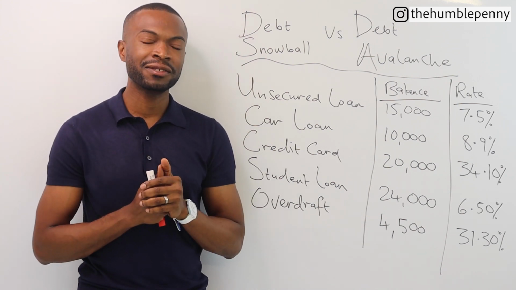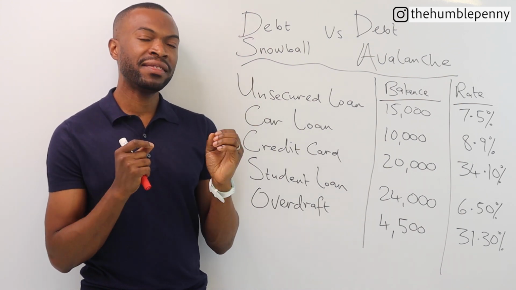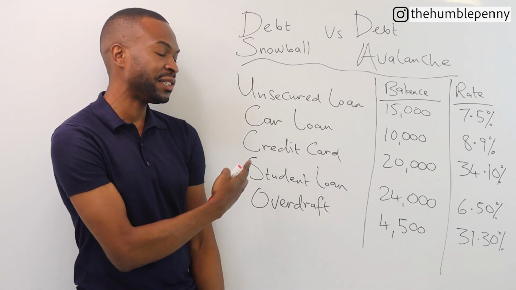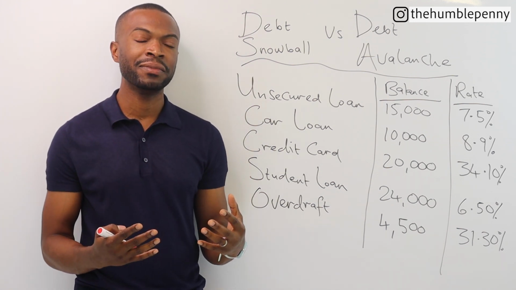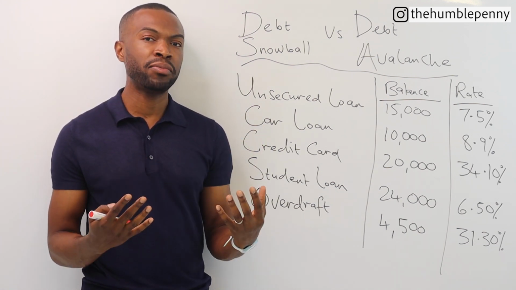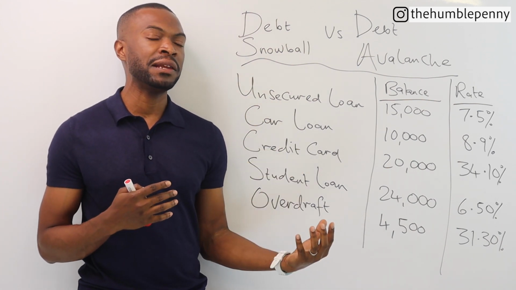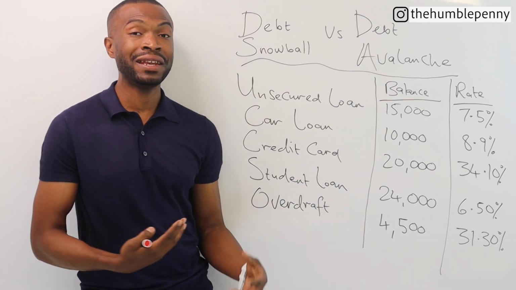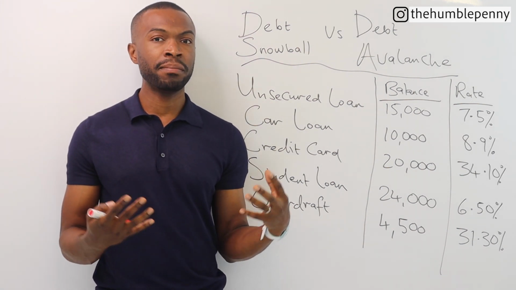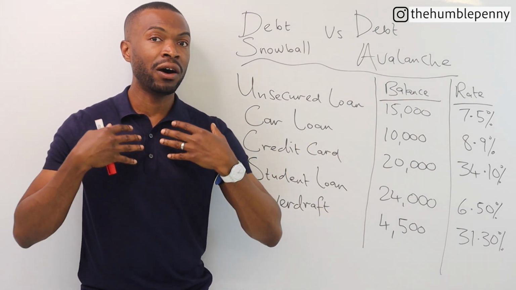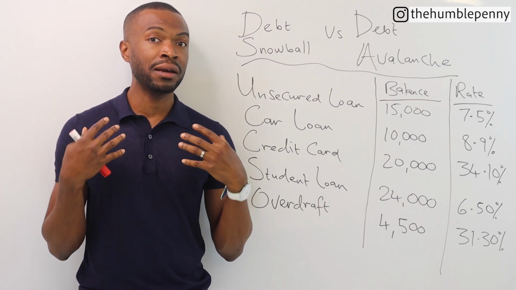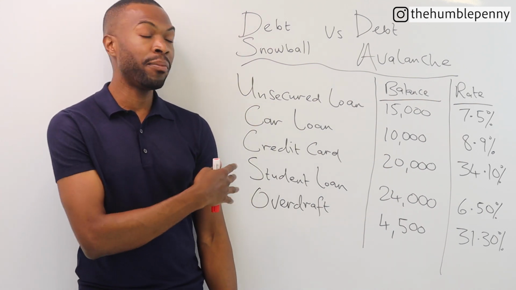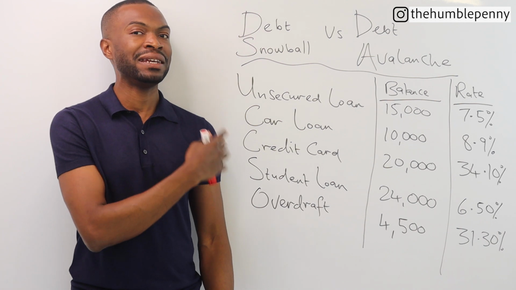And the question is which method should you choose if this was your current situation? Chances are you've got a debt profile that's not too dissimilar to this. You will have different types of debt in your life at the moment. You might even have in there mortgage debt, for example, which most people have. And we had on our own journey towards complete debt freedom. So for our profile, we had mortgage debt in here as well.